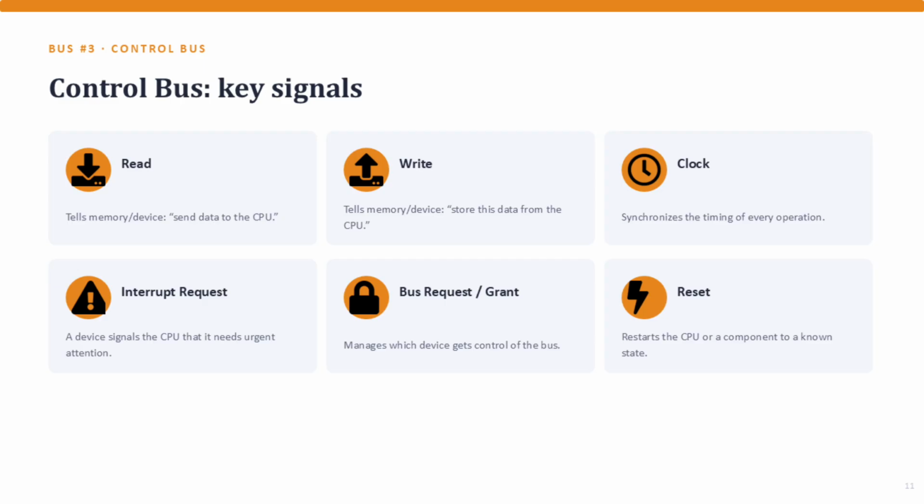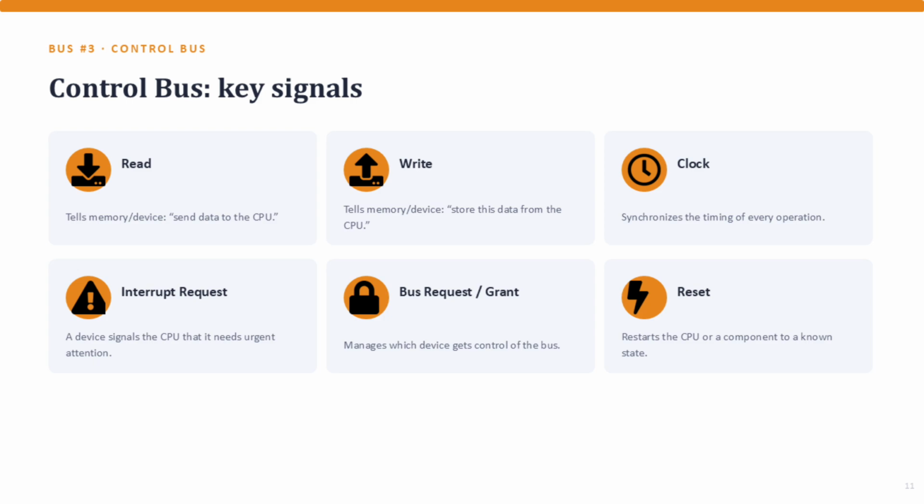Next, interrupt requests, IRQ. Now let's imagine you are studying quietly at home. Suddenly, the doorbell rings. You temporarily stop what you are doing and answer the doorbell. Something needs your attention. Computers work in a similar way. Sometimes an input or output device needs immediate attention from the CPU.